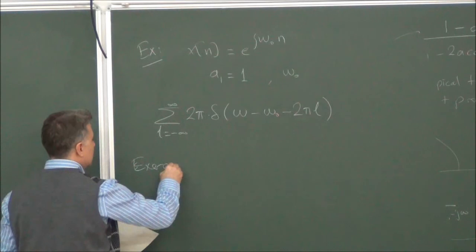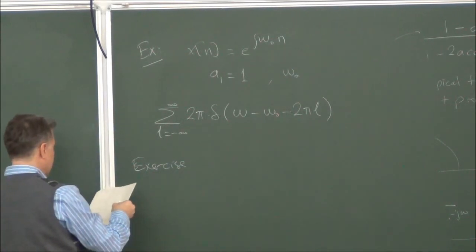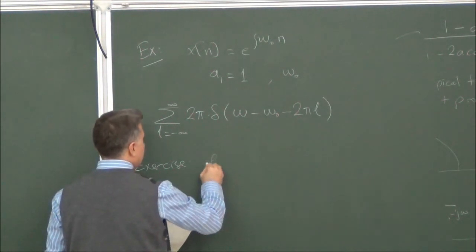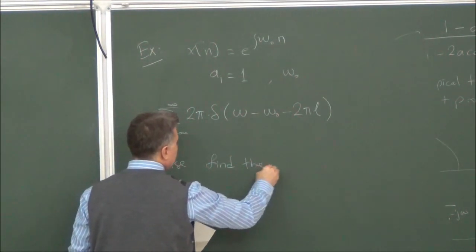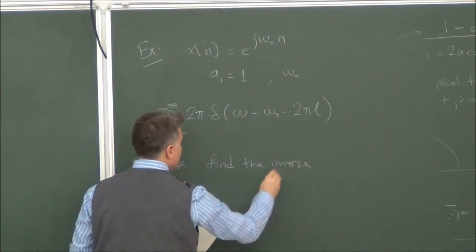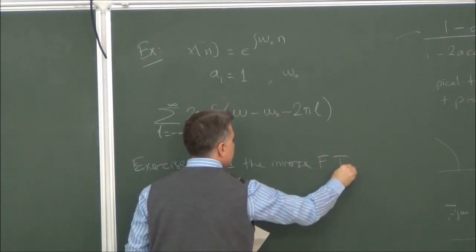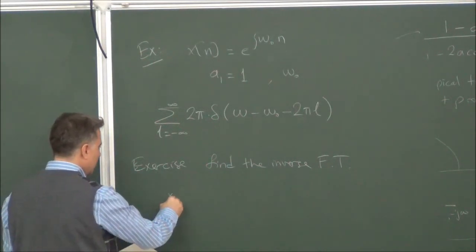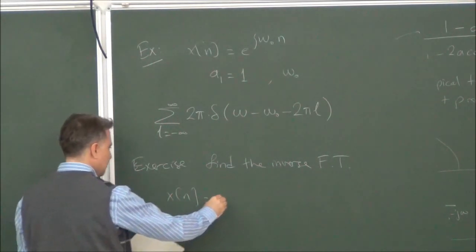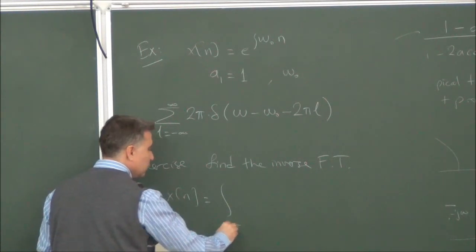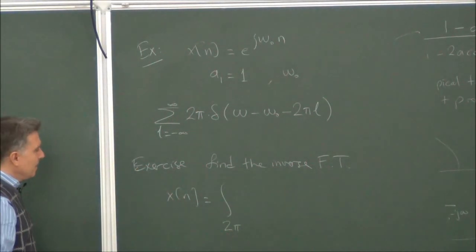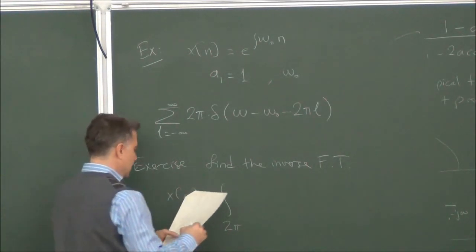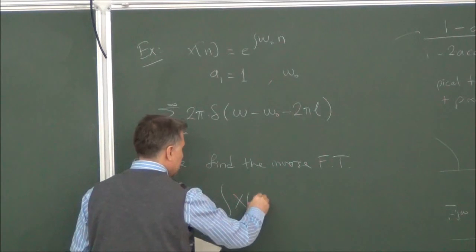The exercise that you must think of by yourselves is to find the inverse Fourier transform of that. What was the inverse Fourier transform? x of n was supposed to be 1 over 2 pi times an integral over a 2 pi interval, from minus pi to pi, or from 0 to 2 pi, wherever you may wish, of this expression.